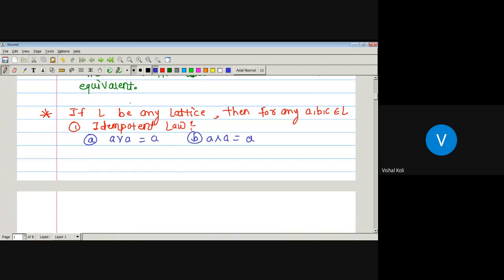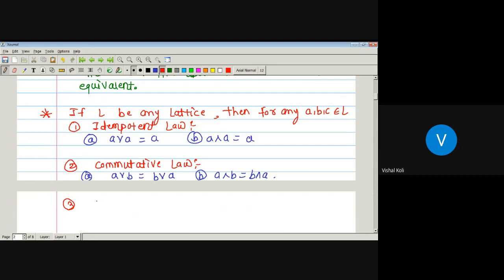Now the second one will be the commutative law. In that one, A join B equal to B join A, and A meet B is equal to B meet A. So either we can find A meet B or B meet A, both are the same thing, since it is closed under the commutative property.